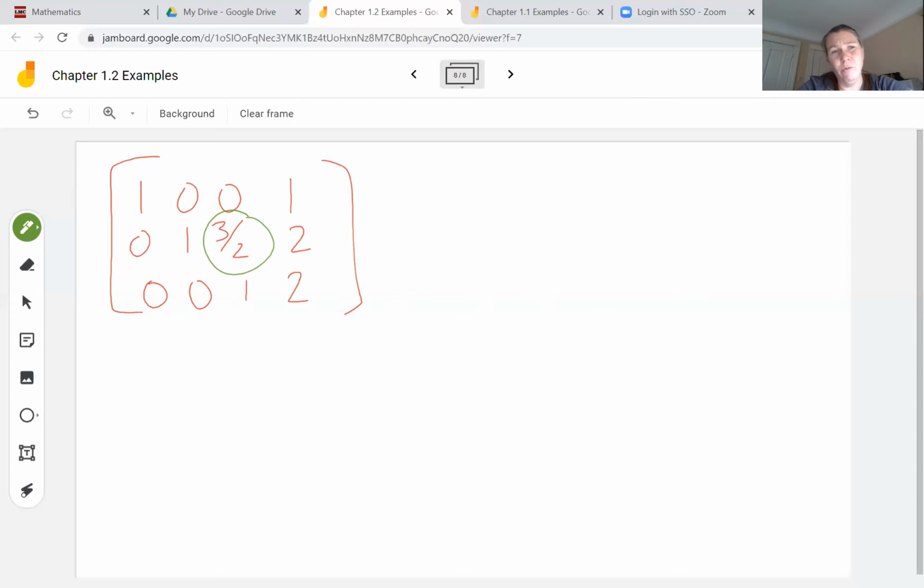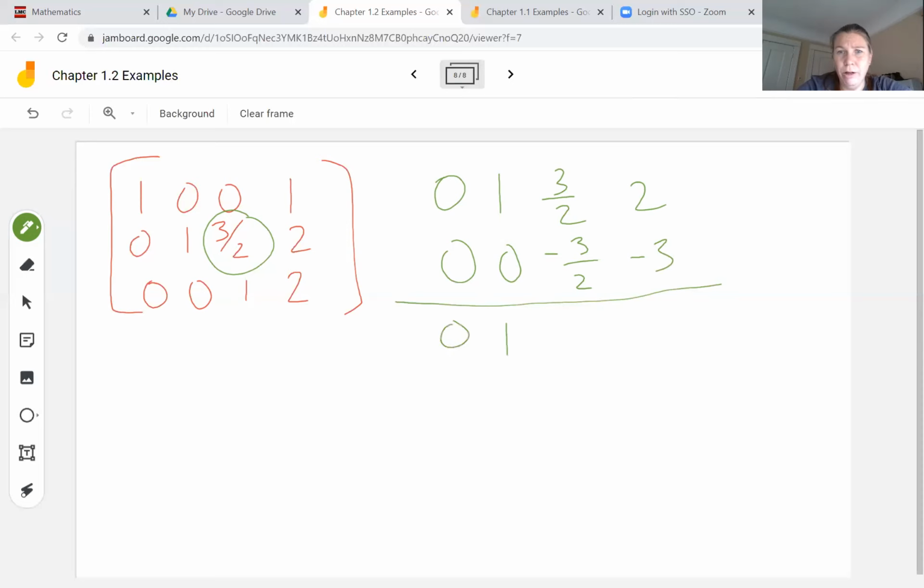So the way that we would do this algebraically here is take row 2 and subtract 3/2 times row 3. So that'll give us 0, 0, negative 3/2. And then 2 times negative 3/2 is going to be negative 3. So if we total this up, we get 0, 1, 0, and negative 1.